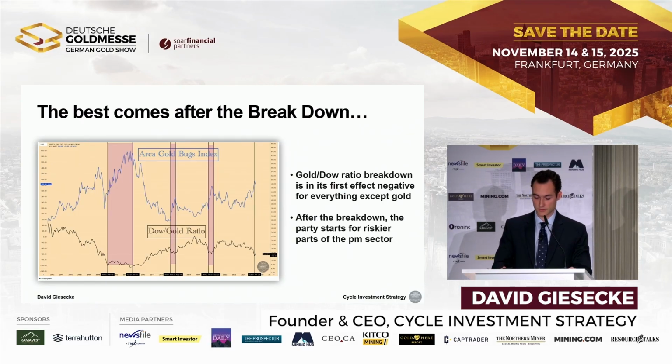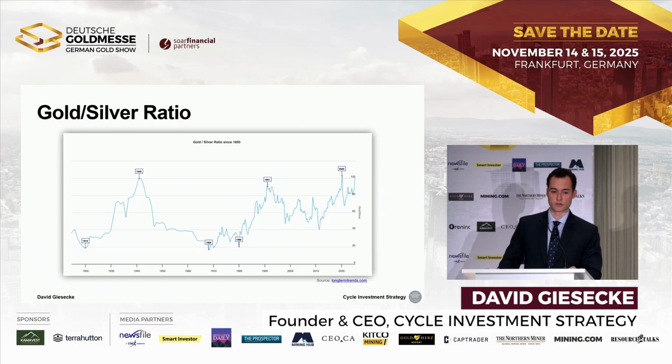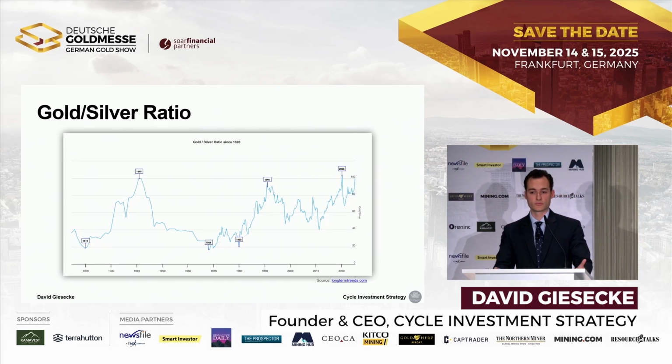So what is also very remarkable is the gold-silver ratio. We have once again blown out to over 100. So this is also a risk-off move in parallel with the breakdown of the Dow to gold ratio. So gold flows are attracting so much money that even silver can't keep up.